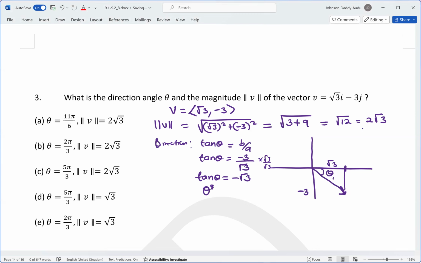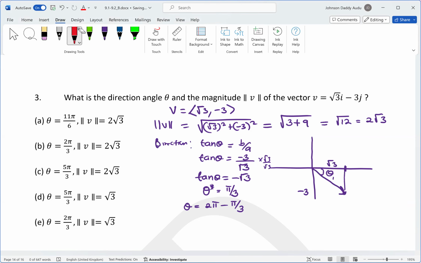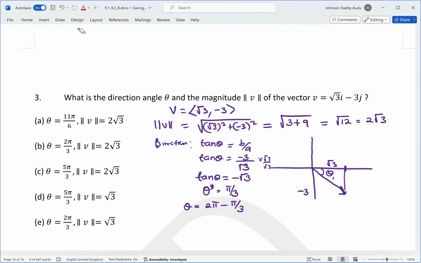Now what is theta star? The reference angle is going to be 60 degrees, which is just pi over 3, right? But as you can see, we are in the fourth quadrant. So theta is going to be 2 pi minus pi over 3. Remember, theta has to be in standard position, right? So you can call this one theta 1, which is the reference.